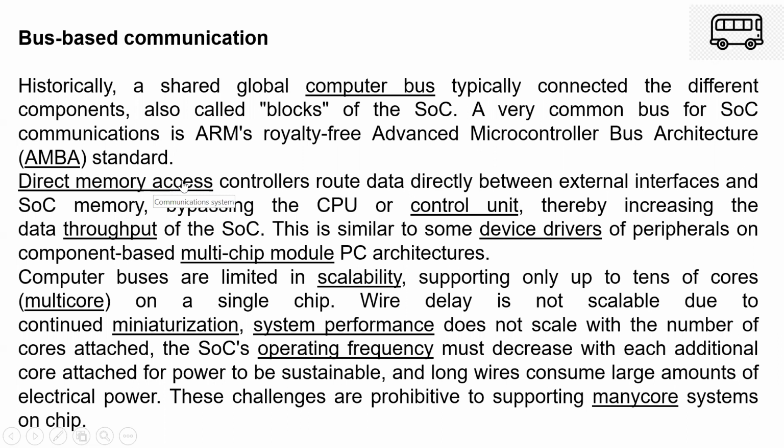This increases the data throughput: the amount of data that can be transmitted, the number of instructions that can be executed, and the rate at which data transfer between the external device and internal memory takes place, everything increases with the help of direct memory access.